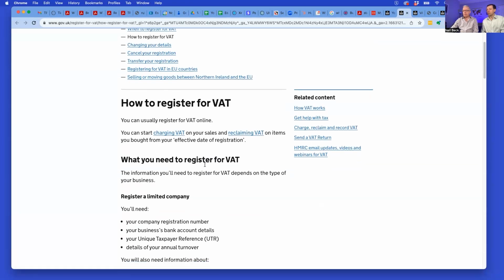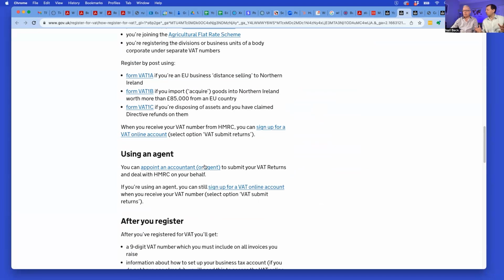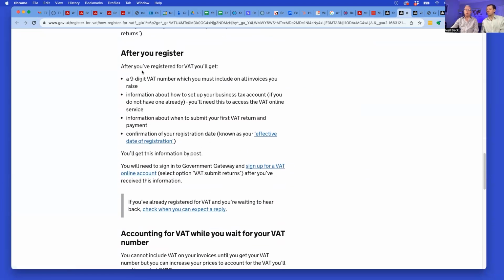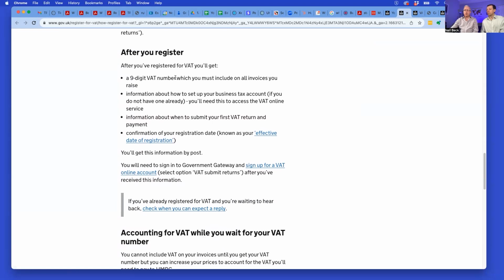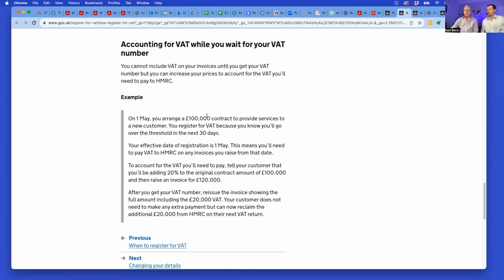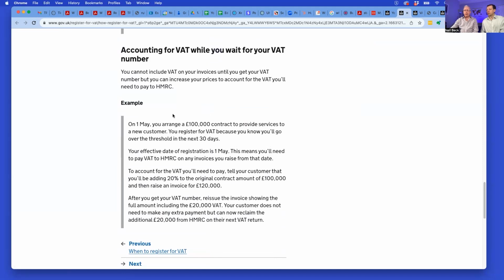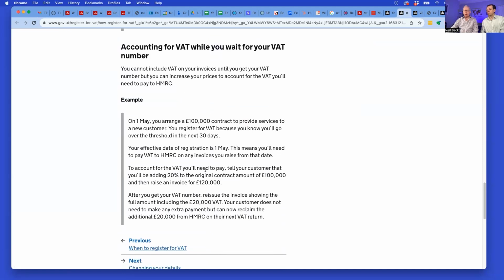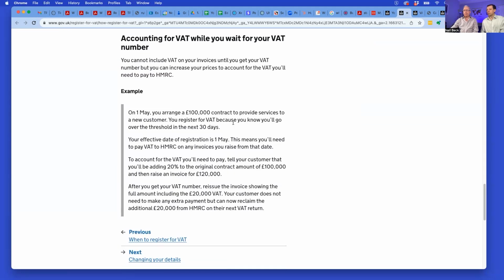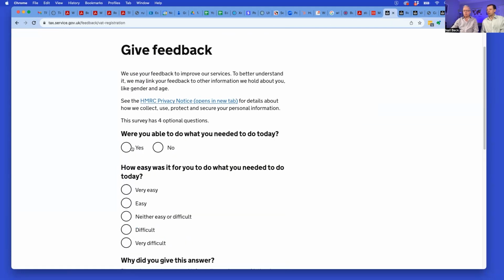There we go. Pretty involved time-wise, I know we were scrabbling around. So after you register, you'll get your VAT number. On accounting for VAT while you wait for your VAT number, we'll put this link on there, as it shows you how you can include it. What did you think?